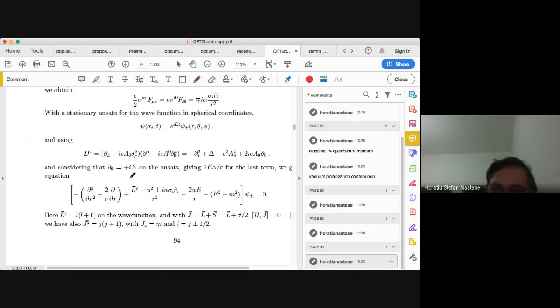This is the angular part. And now we get two corrections.